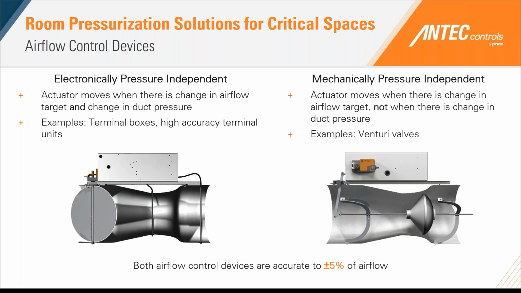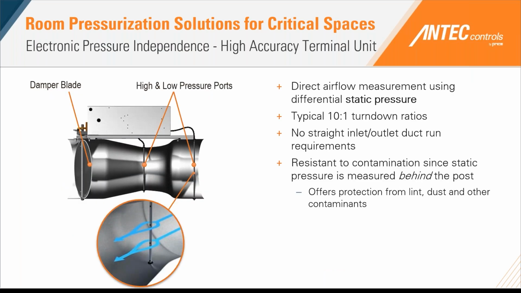So to shed a little bit more detail into this, the first one we're going to talk about is our electronic independence air valve, more specifically the high accuracy terminal unit. So our high accuracy terminal unit, as the name entails, is going to be a higher accuracy version of your classic VAV box. So in this sense, it's going to be a terminal unit type technology that allows us to control airflow within 5%.